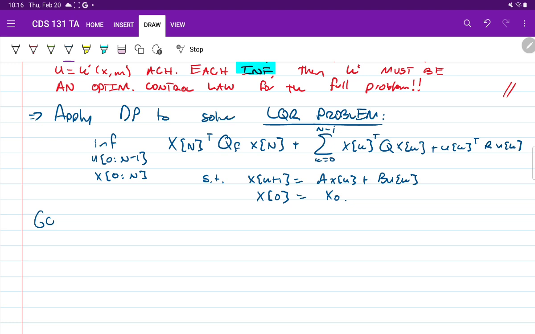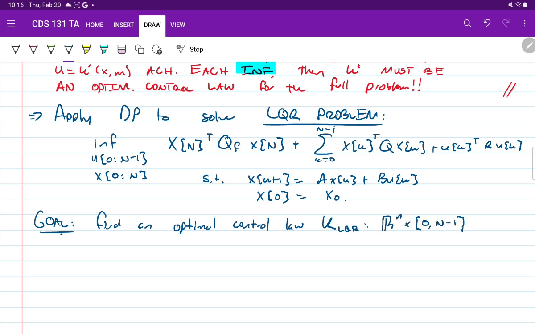So my goal is to find an optimal control law, which I'll call K_LQR, that takes in a state in R^n and any integer in 0 to N minus 1, and returns a value in R^m. I want this to solve the LQR problem for any state in my state space.